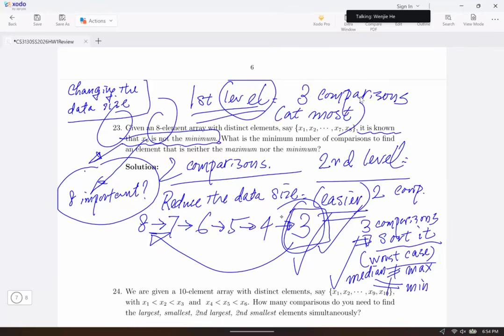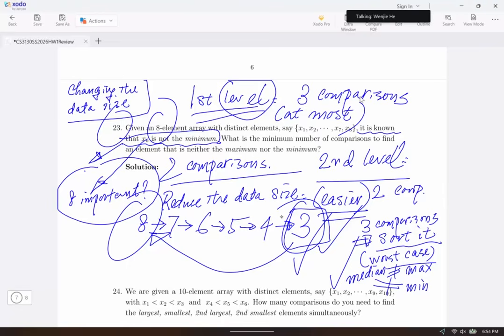Now let's go back to the 8-element array. If I ask you to find one element that is not the maximum, not the minimum, how many comparisons do we need?